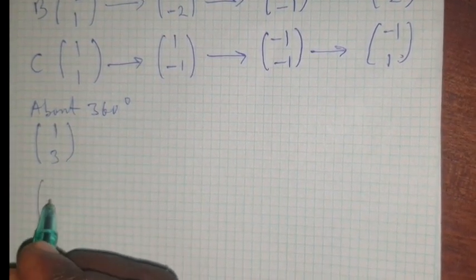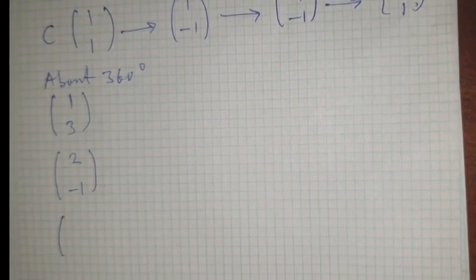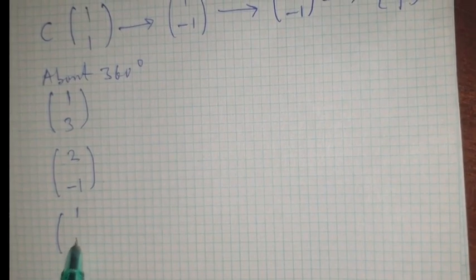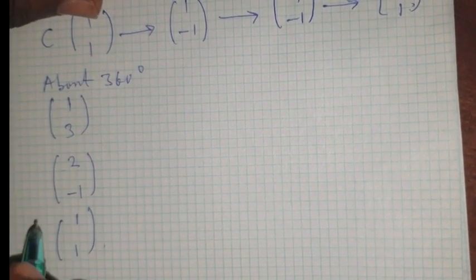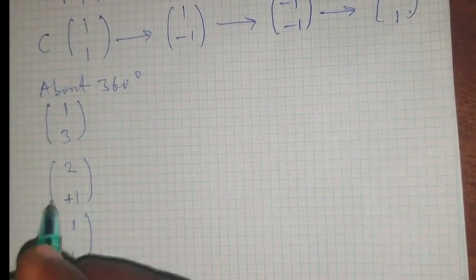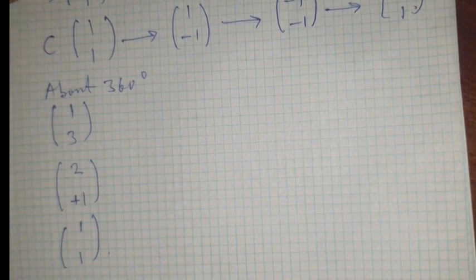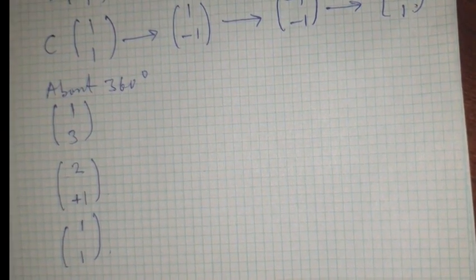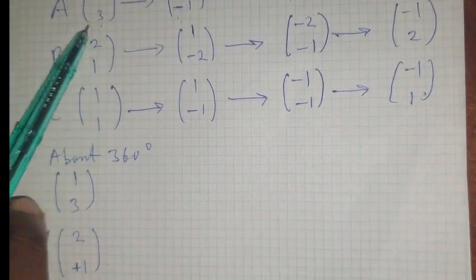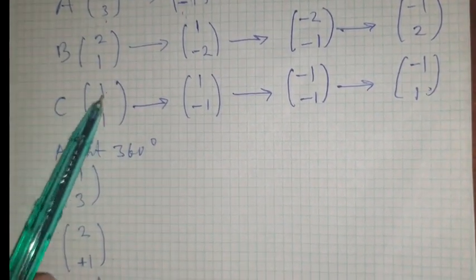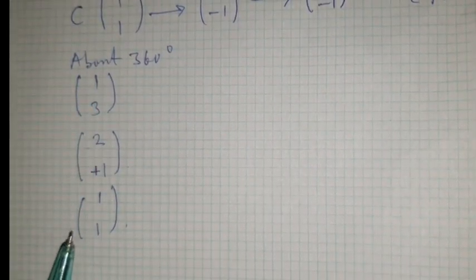Point B, 2, 1, and point C, 1, 1. So if you check about 360 degrees and the original figure given, we have the same value there. That is 1, 3 for A, then 2, 1 for B, and 1, 1 for C. Then about 360 degrees is also 1, 3, 2, 1, and 1, 1.